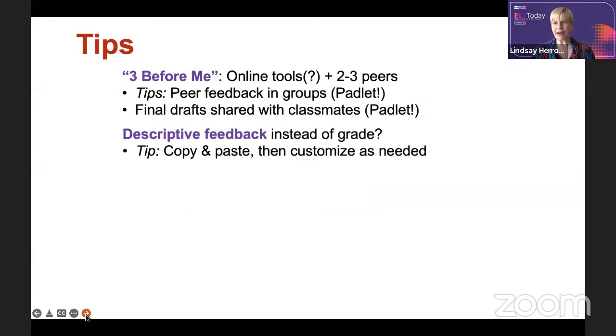I also noticed in the chat, somebody had a question about giving grades for all of these projects. And honestly, I don't like giving grades for projects because students do tend to work very hard on them. If you have that opportunity, you might consider doing descriptive feedback instead of assigning a specific grade.